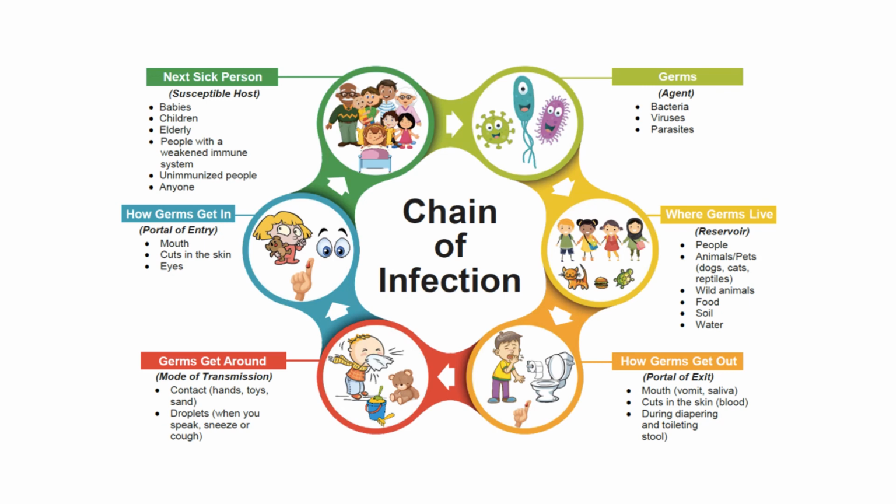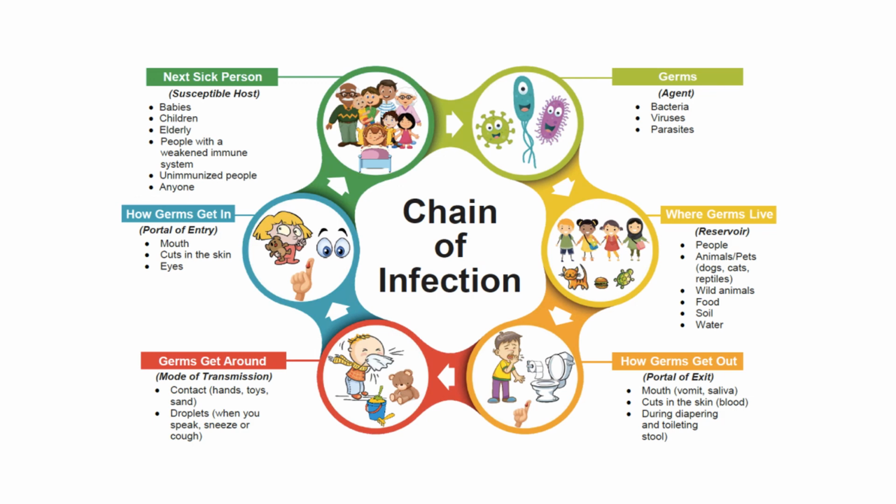They could be bacteria, viruses, parasites, fungi, or prions, and they could have reservoirs in people, animals, both domesticated as well as wild, food, soil, and water. Their portal of entry into the organism is mainly through the mouth, cuts in the skin, and eyes.